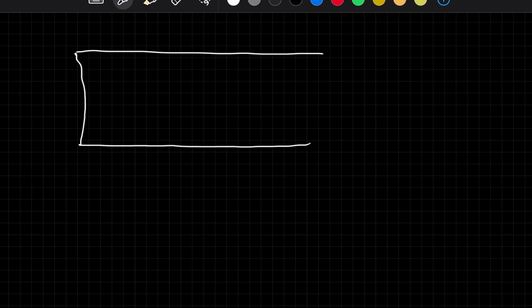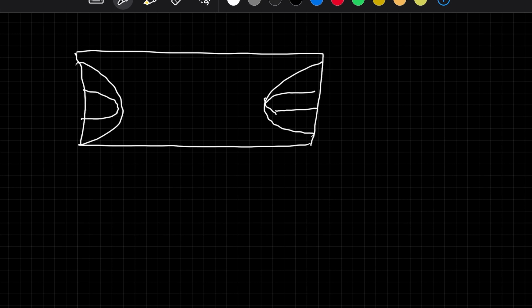Let's look at something where we could use this. Let's say that you have a basketball court. I'm not very good at drawing, but you can imagine. Here's the half court line, and a foul line here.